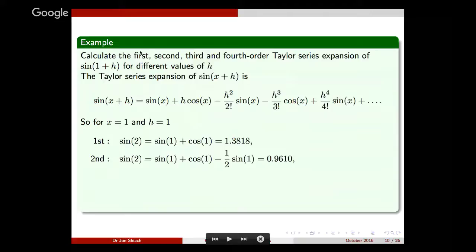If I do the second order, I have my first order term plus this term here. So that corresponds to that term there. So minus h squared over 2, well h is 1, so that's just 1 over 2, times the sine of 1, which is 0.9610. Third order, again, we add this term onto our second order solution.